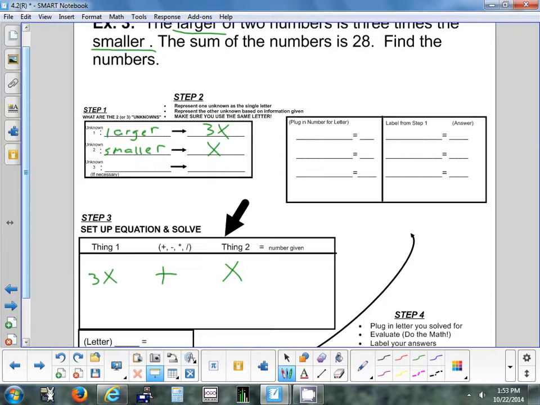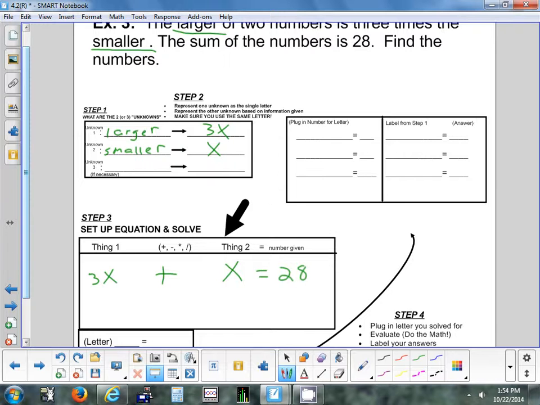What does the sum add up to? 28 is the number that was given. So larger number plus smaller number equals 28.